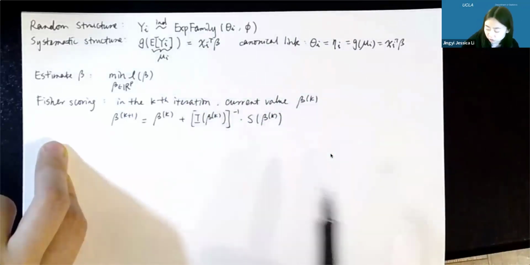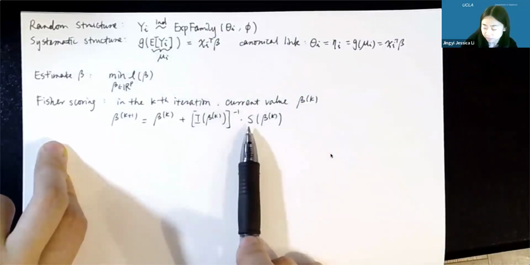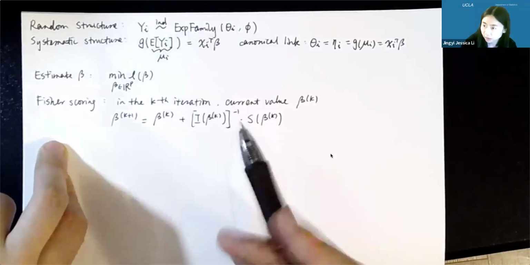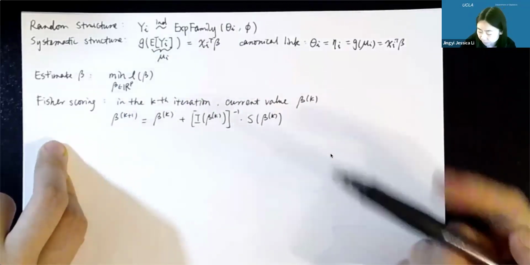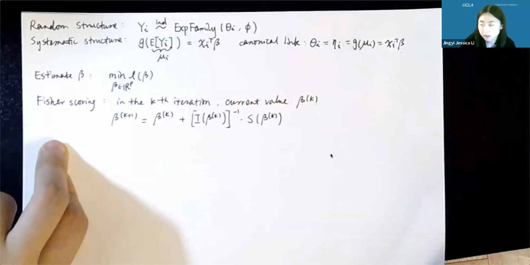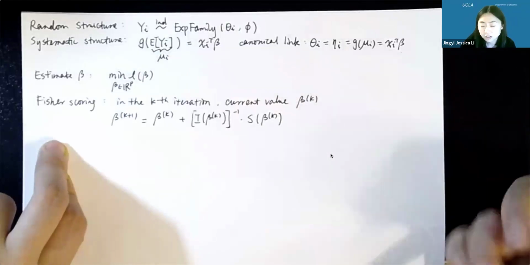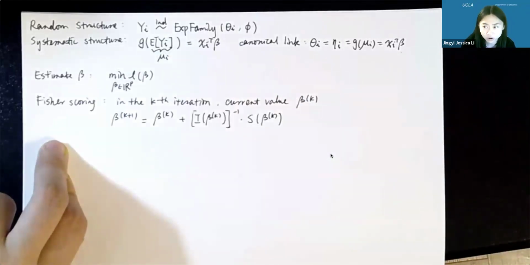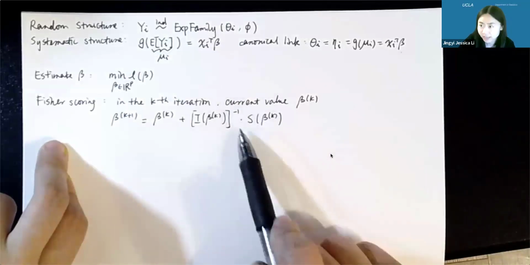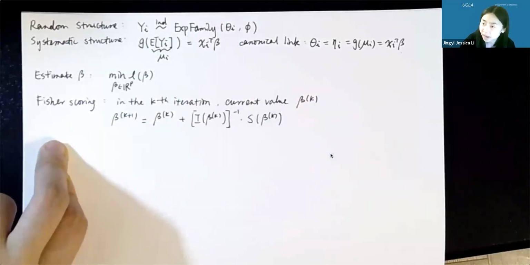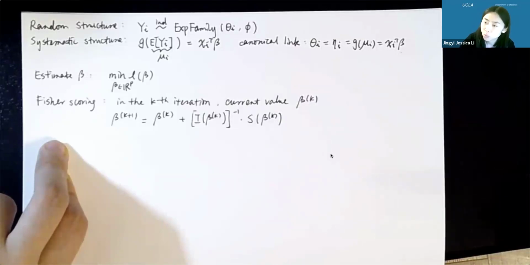I want to draw your attention to the score function because for a general class of tests for beta, we can call them score tests, which are constructed based on the score, the gradient of the log likelihood. Even though we haven't talked about them specifically, if you recall, to test for beta equals 0, we gave you multiple options: the Wald test, the ANOVA, the likelihood ratio test.